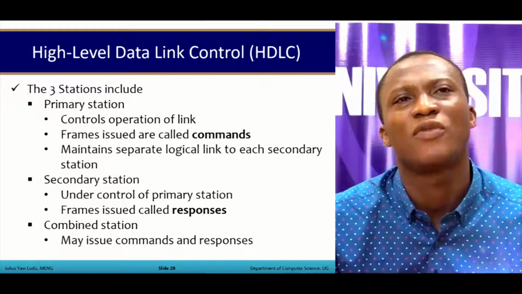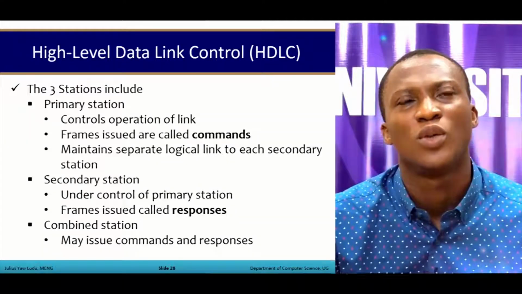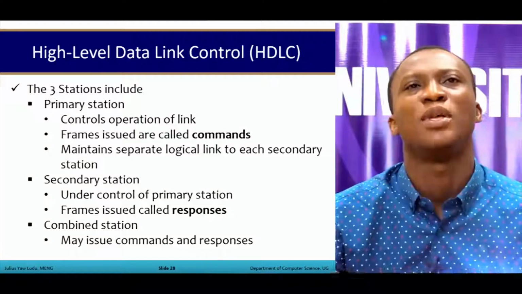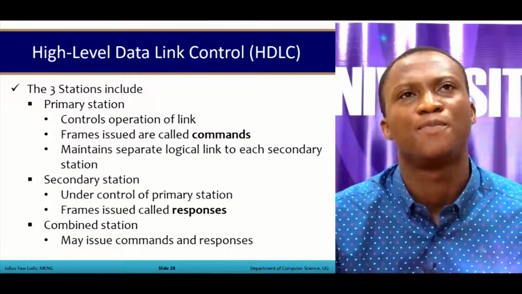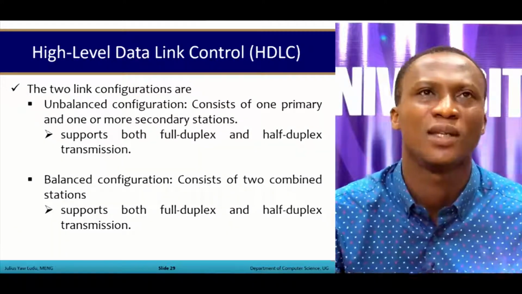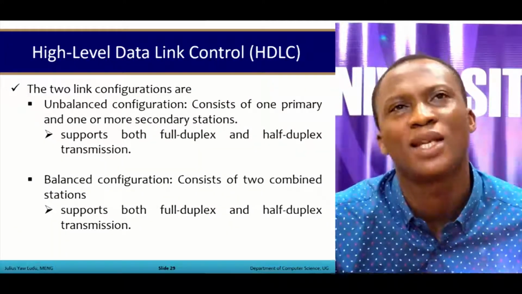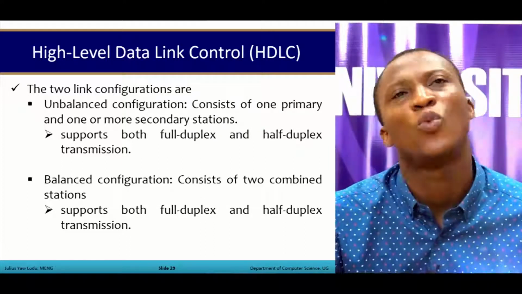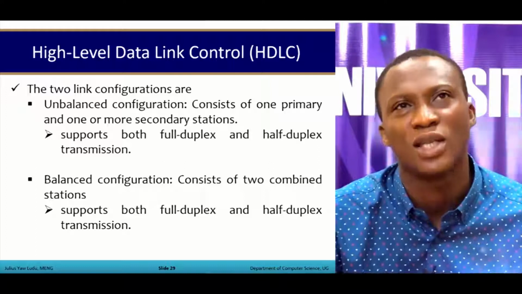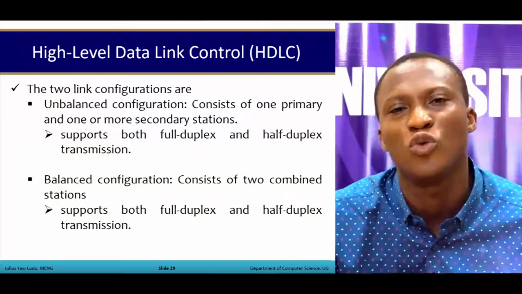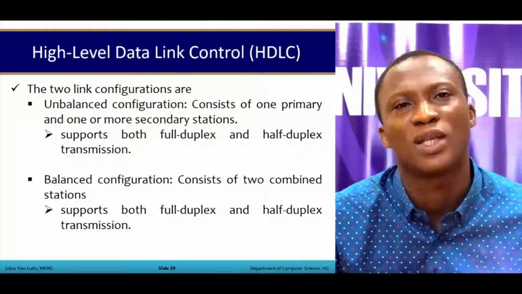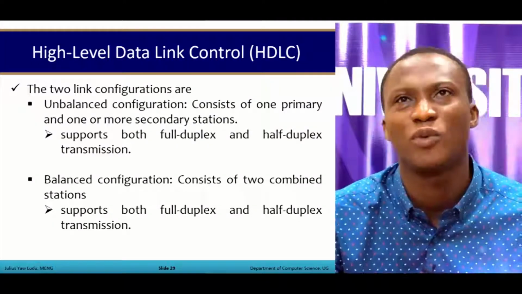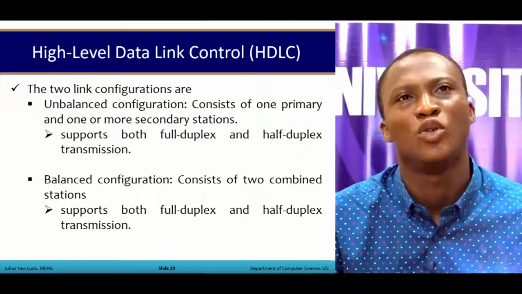Then the third type of station is a combination of the 2. So here the combined station may issue commands and may issue responses. Then there are 2 links. The first is the unbalanced configuration, and this consists of 1 primary station and 1 or more secondary stations, and this supports full duplex and half duplex transmission. You remember we had 3 types of transmission: simplex, full duplex, and half duplex.